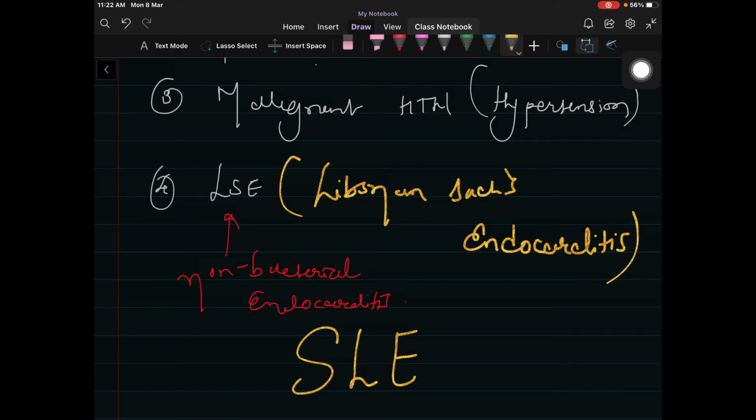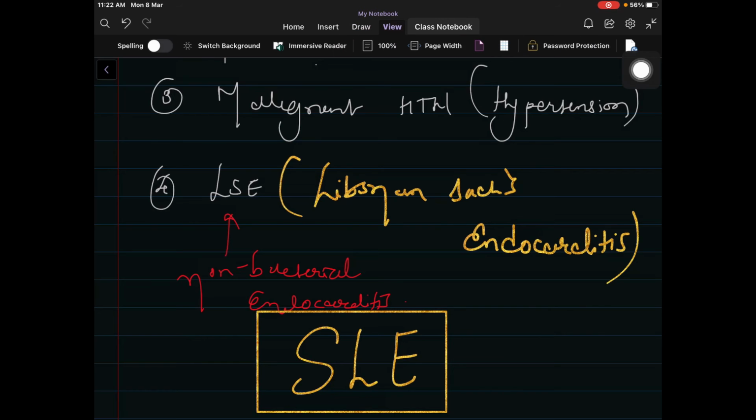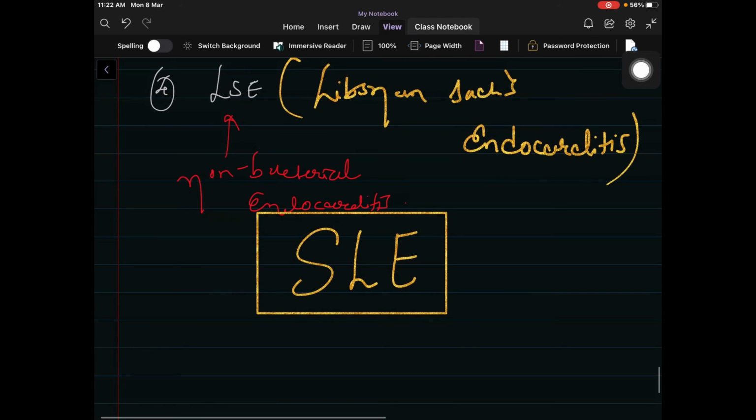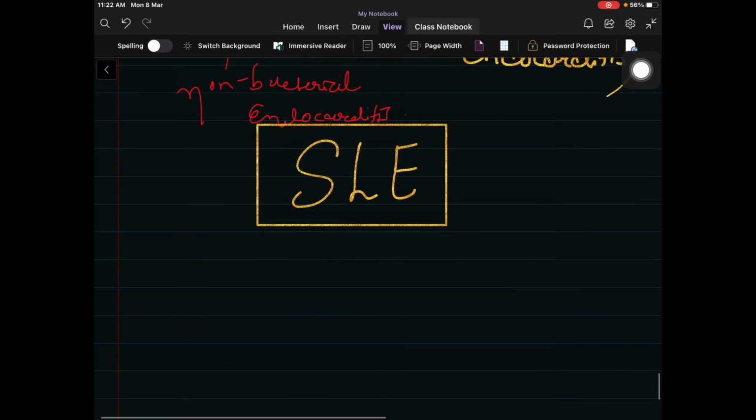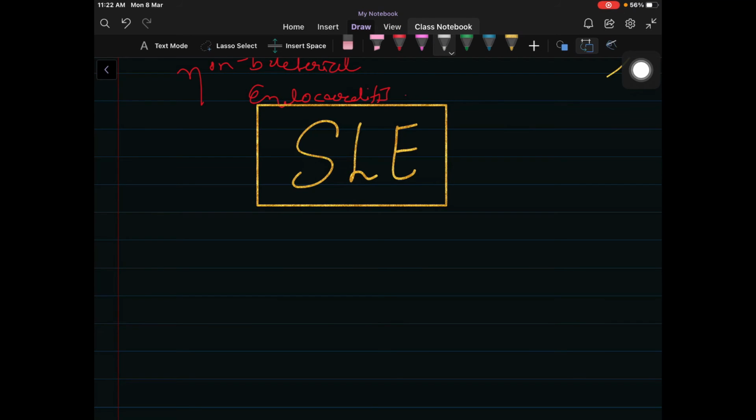SLE is systemic lupus erythematosus. The LSE is seen associated with the SLE. So these were the few examples through which fibrinoid necrosis is related. Now let's move on to the sixth one, that is gangrene. Gangrene type of necrosis.